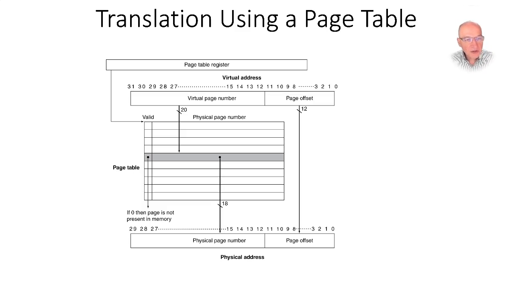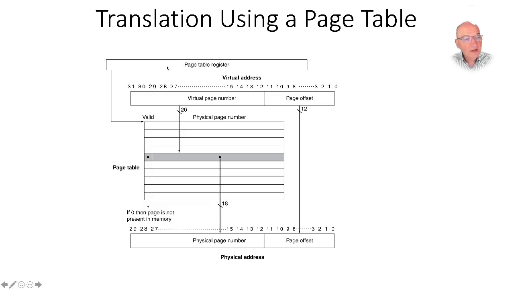So here is a picture illustrating the translation using a page table. The idea of the page table is that it contains the translation that we need in order to find out what is the frame in the main memory that corresponds to an access being done by the processor.